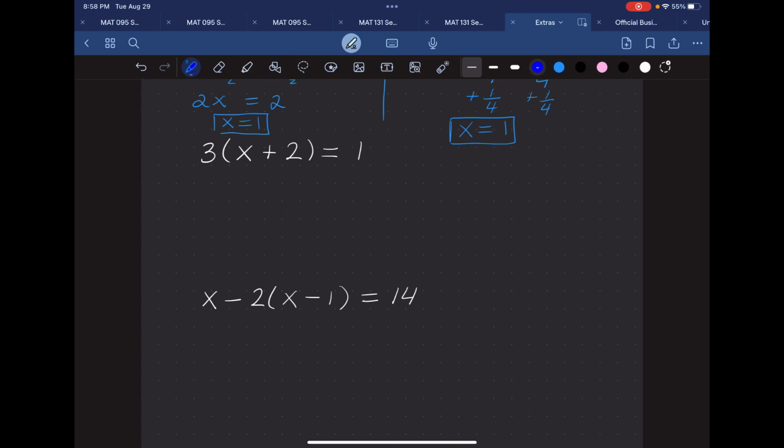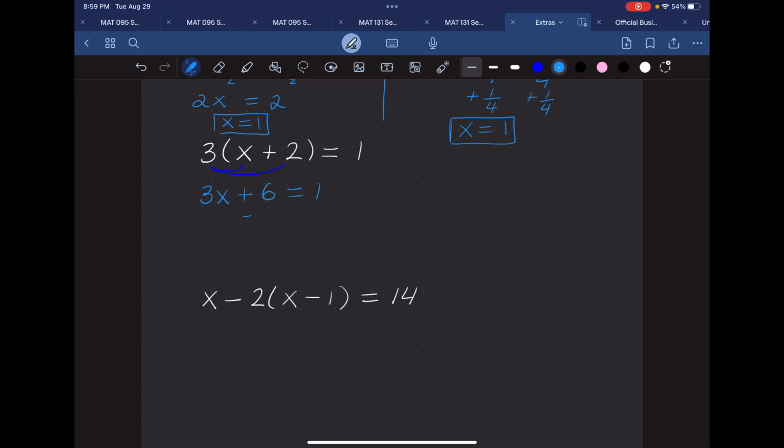Okay, so for this one, personally, I would distribute the 3 because then I'll avoid working with fractions. Because if I divide by 3, I'll get a 1/3 on the right-hand side where I wouldn't have had fractions previously. So when I distribute the 3, I get 3x plus 6 is equal to 1.